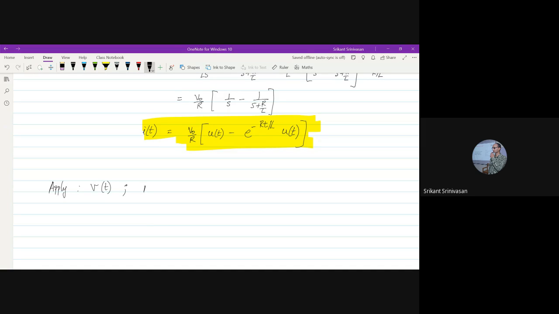My network of resistors and inductors or capacitors behaves in a certain way that is described by a network function. When I apply this to the network function, I get some response.